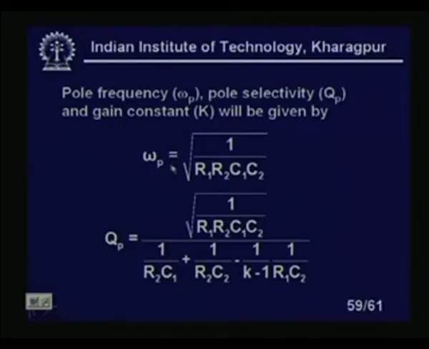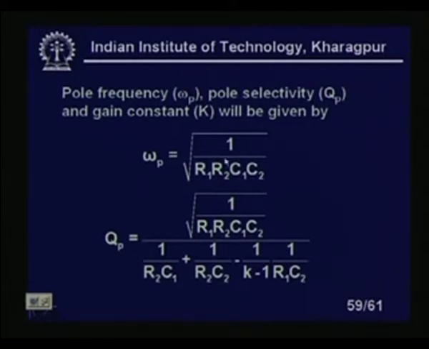That means I have to choose some resistance which I have to vary to get the desired value of omega p. The problem in this type of single amplifier structure is that, if after fabrication I got 900 hertz, and to get 1 kilohertz I tune, the QP also will change, because this R1 is common in both.